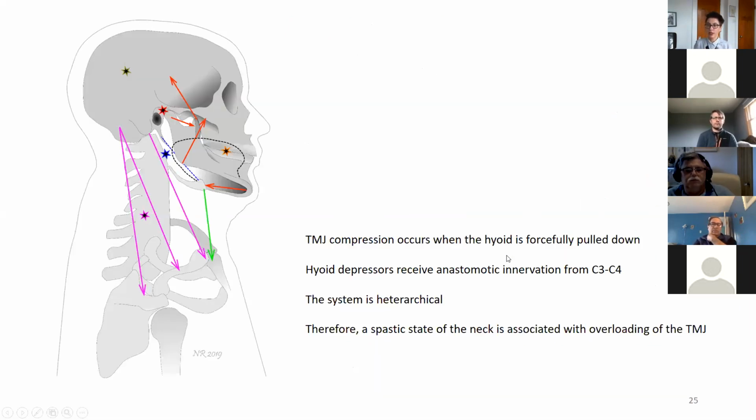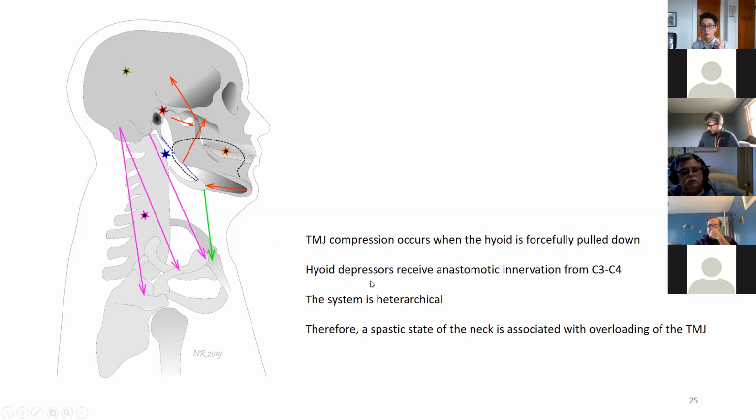But there is a situation where this very specific circuit of mandible movement is hijacked by stress reaction in modern humans. TMJ is compressed when the hyoid is pulled down.